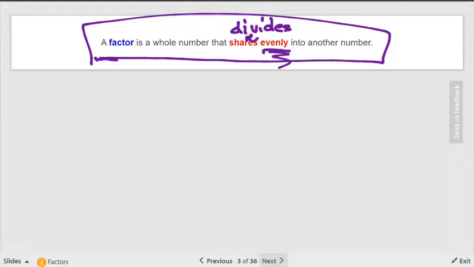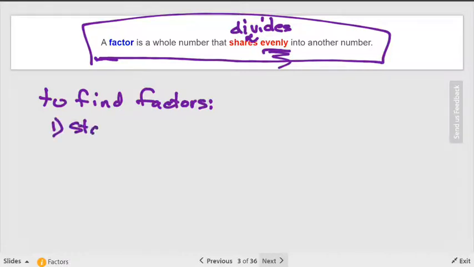Now, to find factors, here are the steps. First set of steps, aren't you happy? Start with 1. 1 is a factor of everything. It divides evenly into every number. And any number divided by 1 is always the number itself, right?